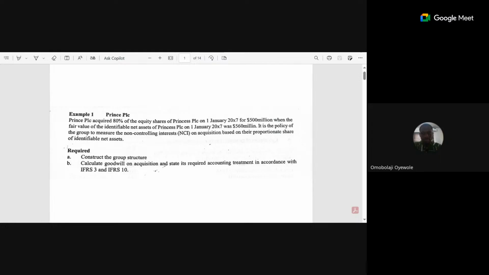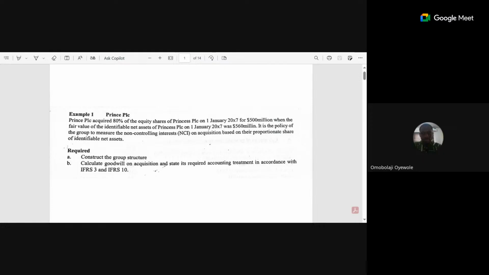Then on 1st of January 20x7. So what is 1st of January 20x7? Date of acquisition. Don't forget the steps. Identify the acquirer, identify the acquiree, identify the date of acquisition. Then they said for 500 million.